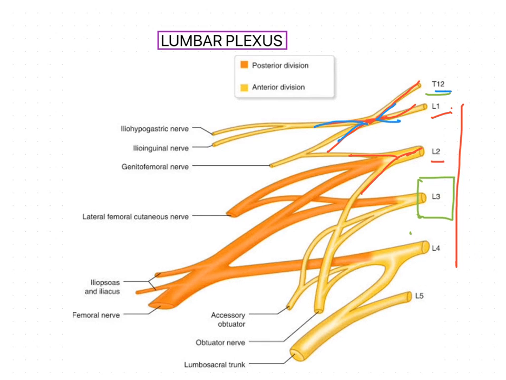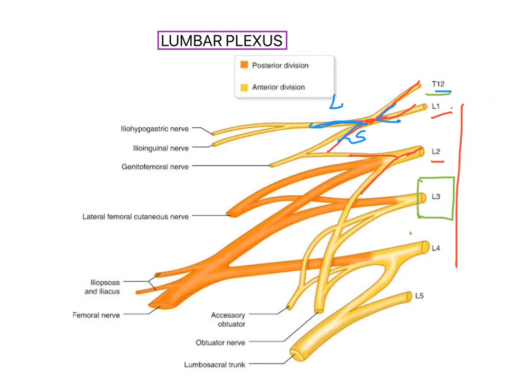Very important thing: out of these two, you have to consider which one is larger and which one is smaller. Here the upper division is larger and the lower division is smaller.